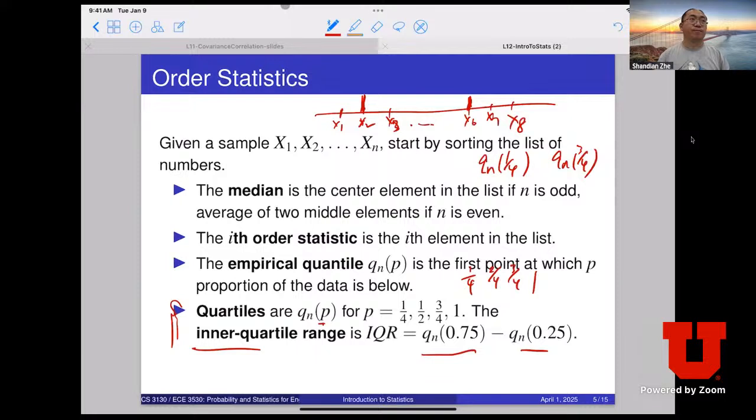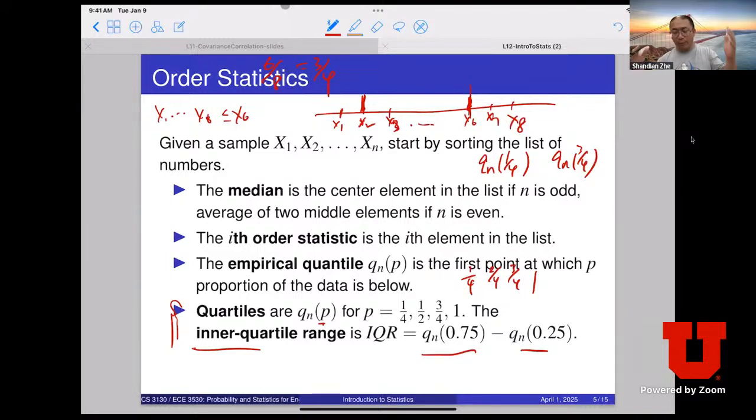The basic reason is that if you choose X6, X1 until X6 are all at or below X6. So that means 6 out of 8 data points are below X6, which corresponds to 3/4. That's the quartile definition.